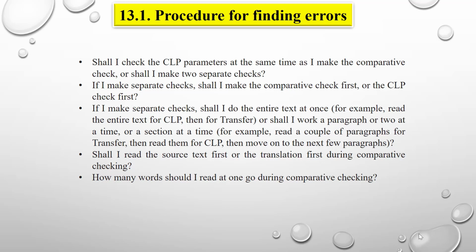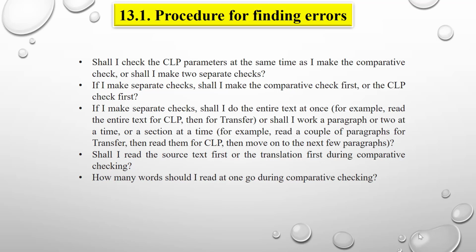For example, read the entire text for CLP, then for transfer, or shall I work a paragraph or two at a time, or a section at a time? For example, read a couple of paragraphs for transfer, then read them for CLP, then move on to the next few paragraphs.